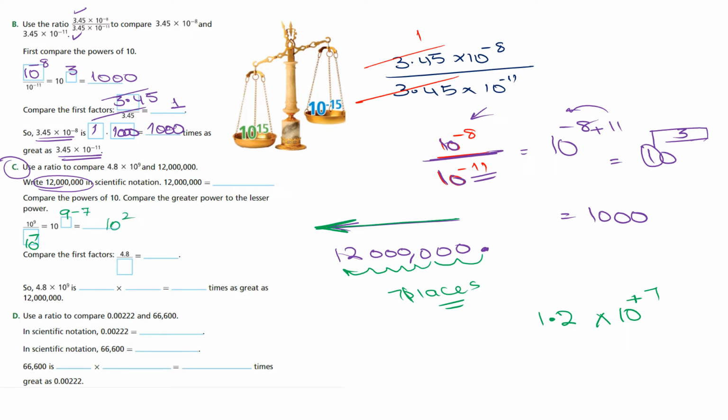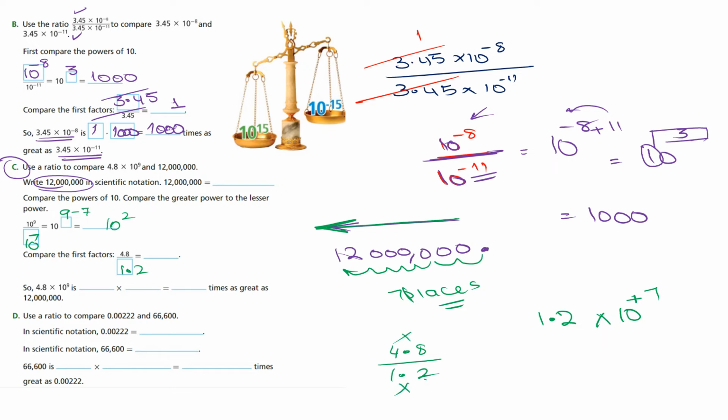What is the first digit? The first digit of the second one is 1.2. Remember 4.8 divided by 1.2. Okay, so if you see 12, let's suppose there is no decimal right now.